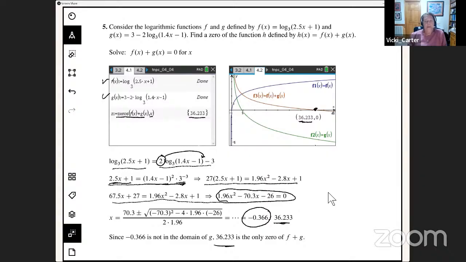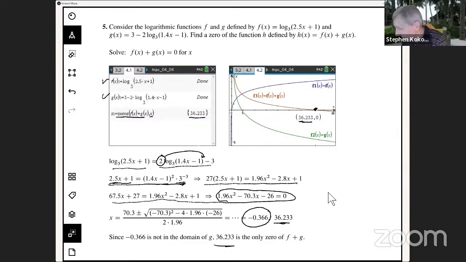So I think the better way with the Nspire is, if you were on that graphing screen where you see the 36.233 comma 0, highlight, put your cursor over the 36.233, and then there's a store button on your calculator. And then you can just store it to whatever variable you want. You don't have to use X. As a matter of fact, I would avoid X. I would use something like A or B. But then you would have it available.